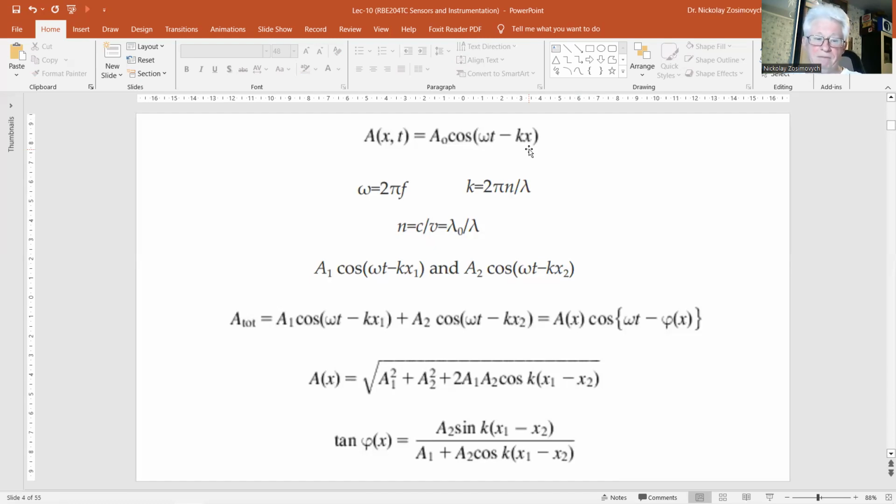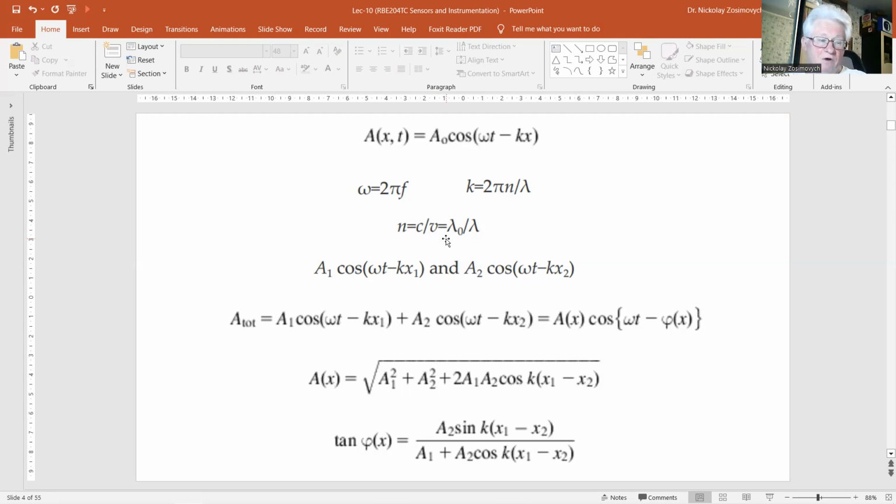But you should remember that the refractive index n of a medium is defined as the ratio of the propagation speed of light in a vacuum, c, and in the medium, v. So n is the relation between c and v, or lambda naught to lambda.